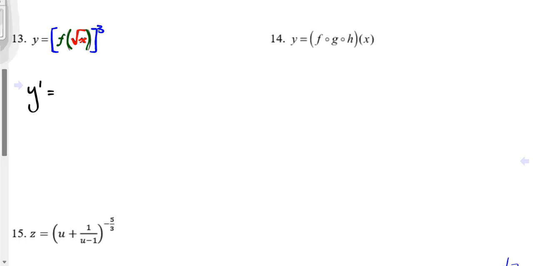Here we have a composition of three functions. So we have an outermost function, a middle function, and an inside function. So this is why this is the chain rule, because we start with derivative of the outside function, bring down the 3, subtract 1, inside doesn't change.